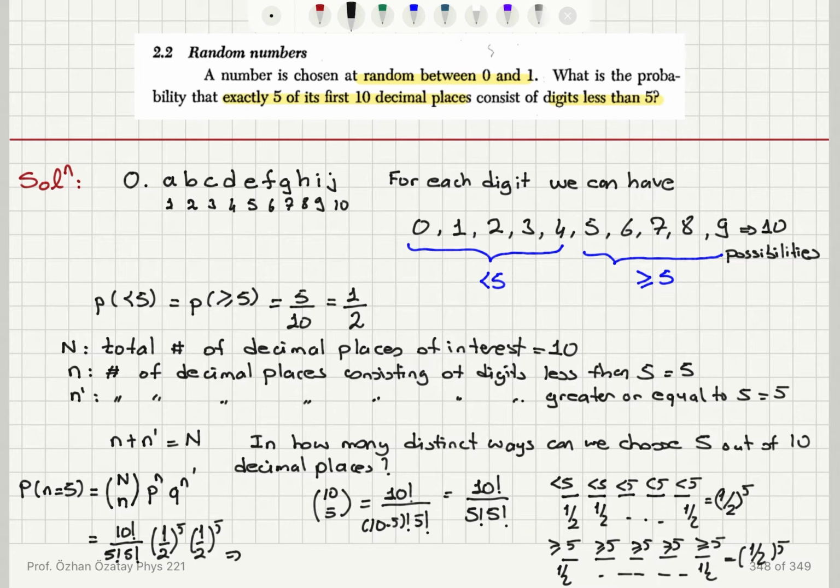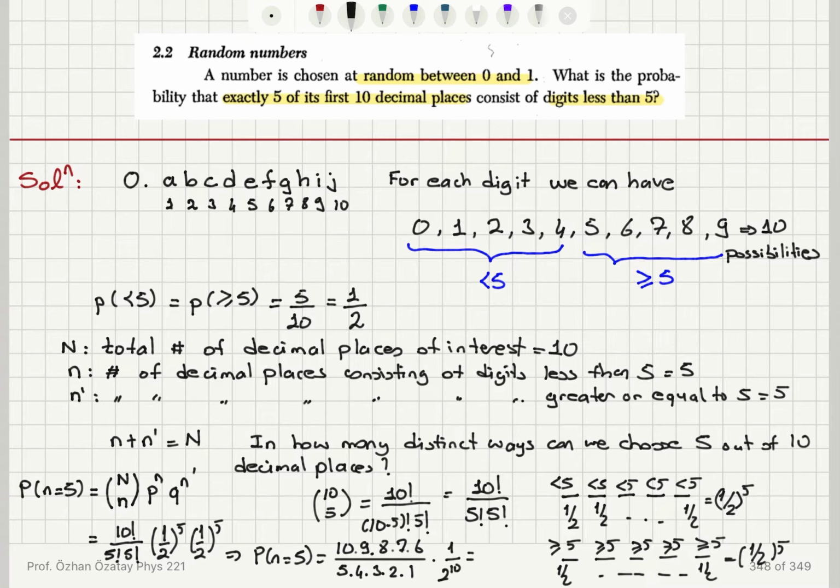So this gives us, for probability of n equal to 5, 10, 9, 8, 7, 6, and then 5 factorial, but 5 factorial is going to cancel here, divided by 5, 4, 3, 2, 1, 5 factorial, and then multiplied by 1 over 2 to the power 10.